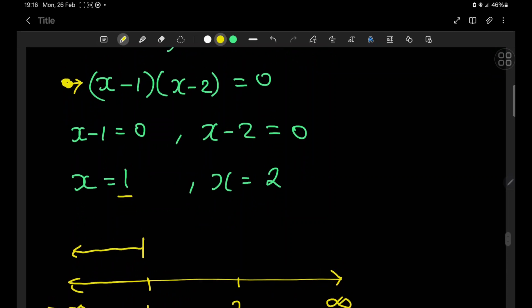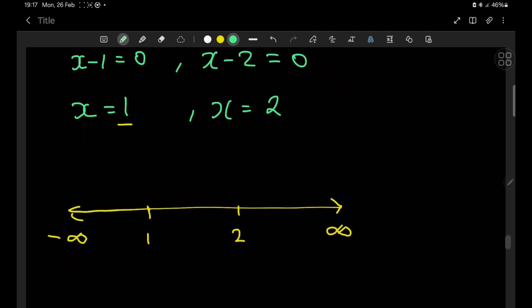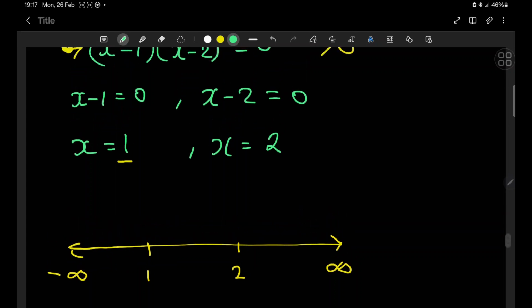Remember, the expression we're dealing with says greater than 0. Whatever solution we get, we'll compare with that. But for now, let's just solve. From 1 all the way to -infinity, we can pick any number, but it's best we pick a small number. So we pick x equal to 0.